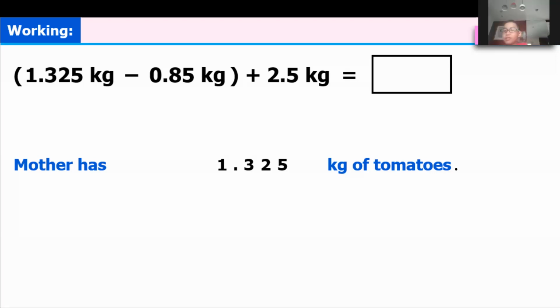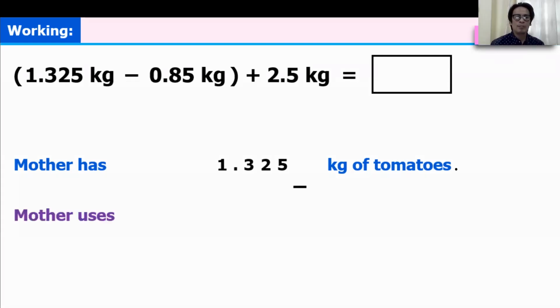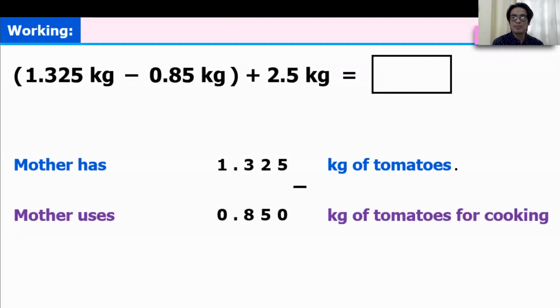Next. Minus, mother uses 0.850. Correct. So Baibun is right. You have to equalize the decimal places. The key word is equalize.